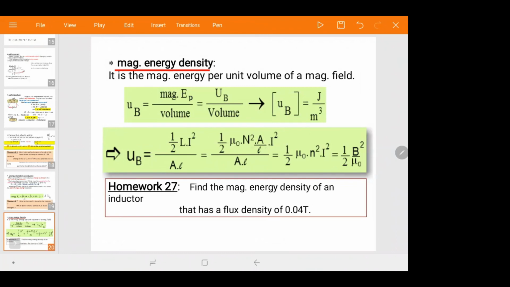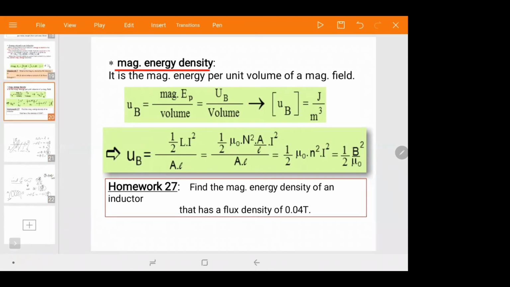If you want to write it down in terms of density, turn density, N over L, small letter n. N squared would then be small letter n squared times L squared, and L comes here. May I write it down and show you here? This one gives you a half mu0 N over L, the whole squared.